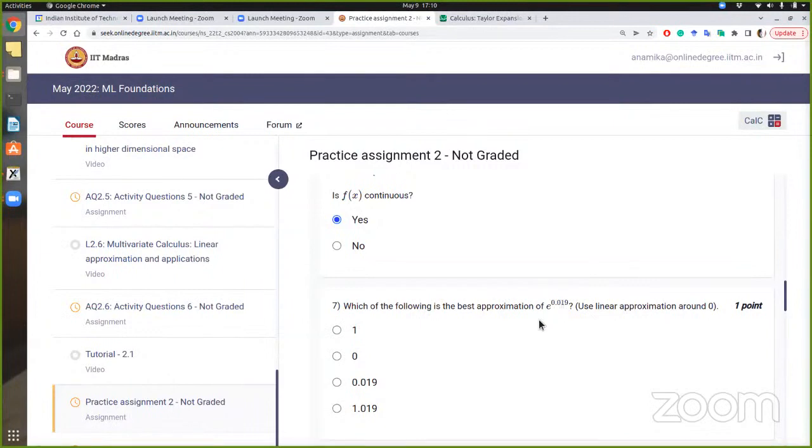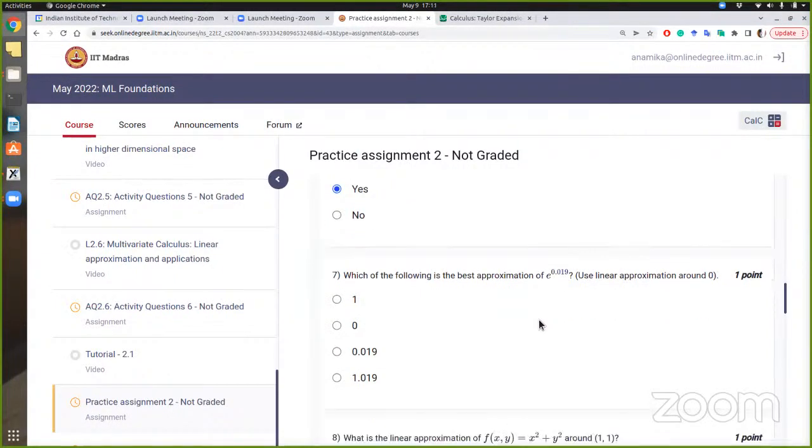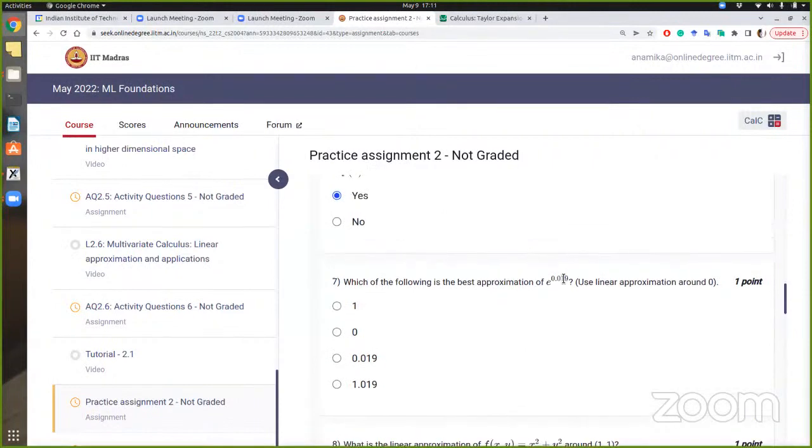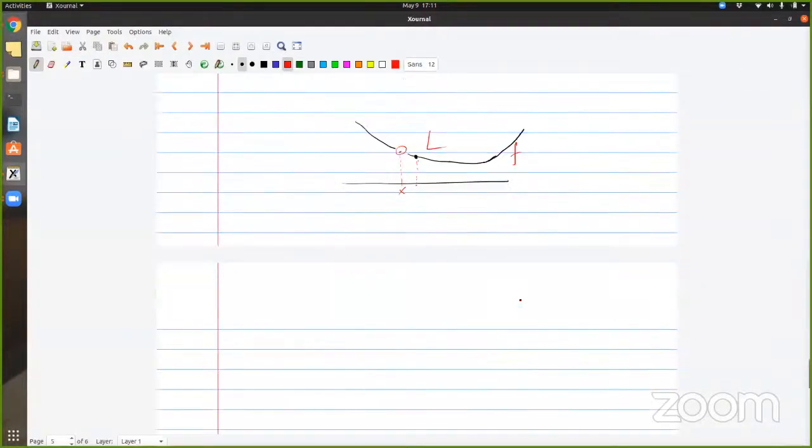Now, isn't this quite simplified? So what are you getting? 1. Okay, let's see. f of x is e to the x. a we will be taking to be 0.